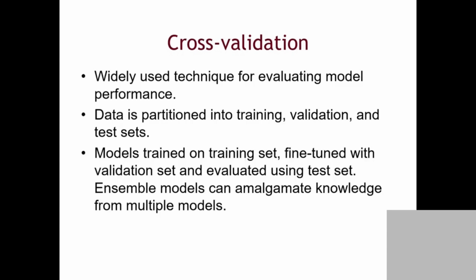So the idea of cross-validation is, let's say you have 100 exams. You randomly take 10 exams out. You train the AI using the remaining 90 exams. And once the AI is trained, you use the 10 held-out exams to test whether the AI is doing a good job or not.